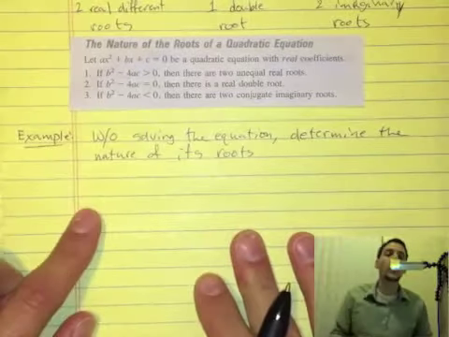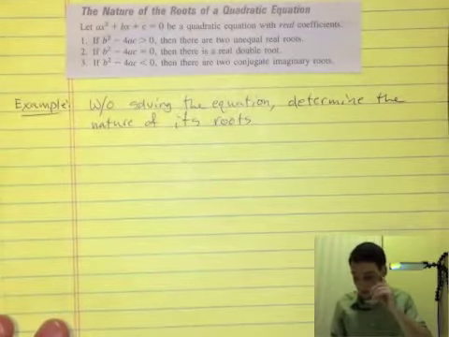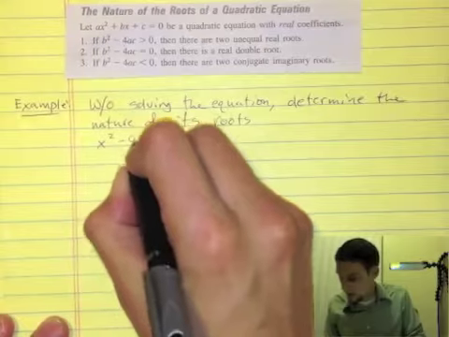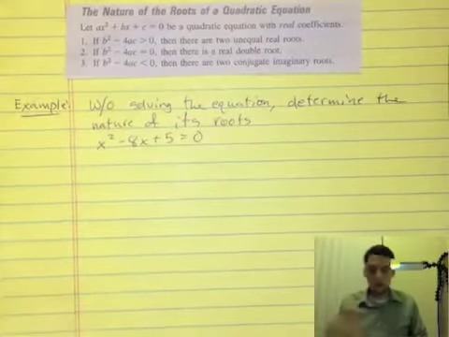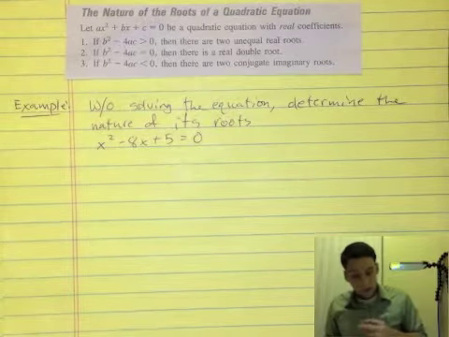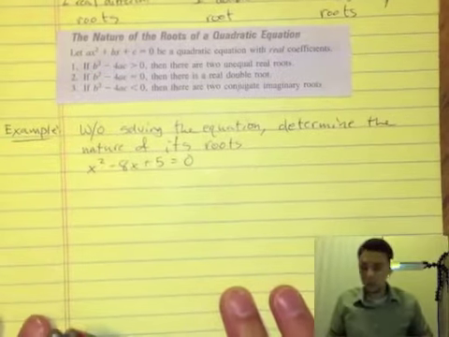Meaning, are we going to have two real roots, one double root, or two imaginary roots? That's what the question is asking. So we'll start out with x squared minus 8x plus 5 equals 0, and we're trying to determine the nature of these roots. All we have to do is find the discriminant and follow the rules in this little gray box.